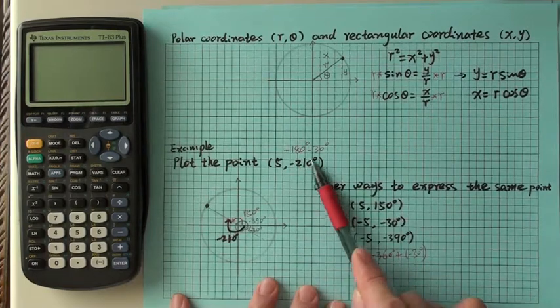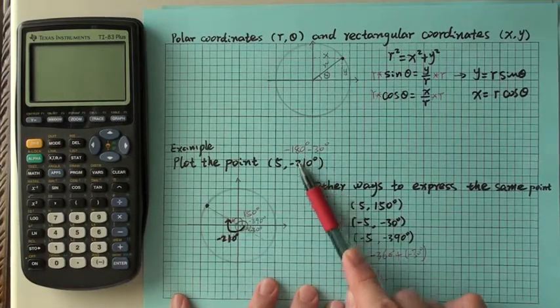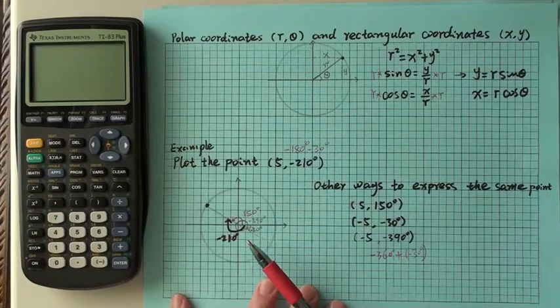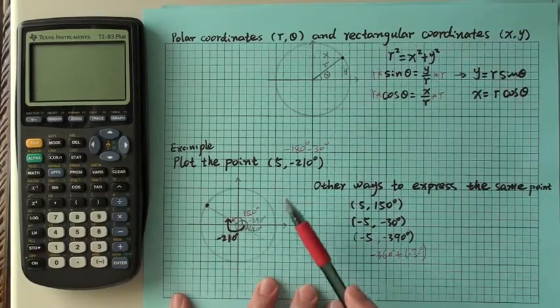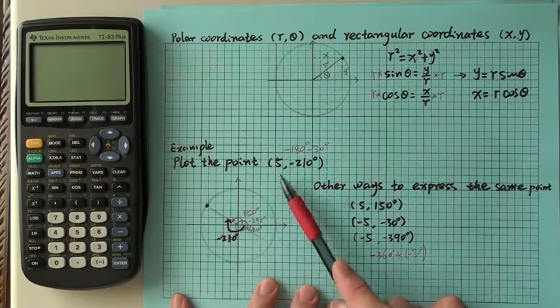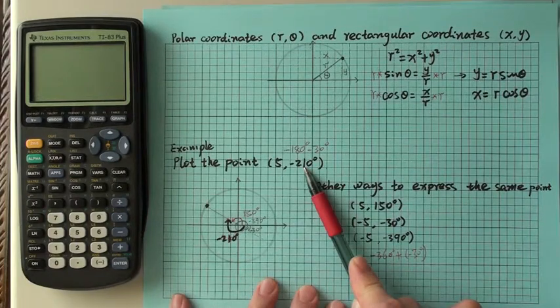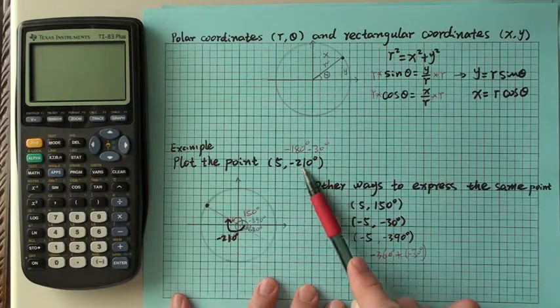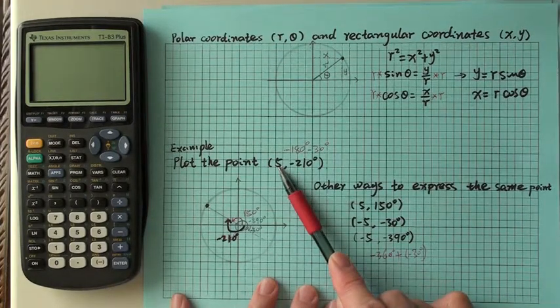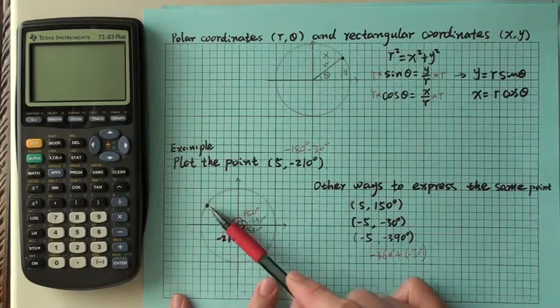Here it can be in degrees or in radians. So the first one is a vector, the second one is an angle, but we always start with the angle. And then, depending on the sign of the vector, we locate the point.